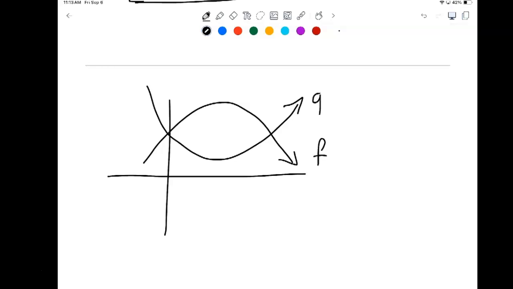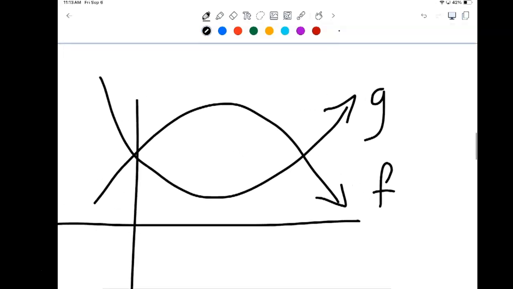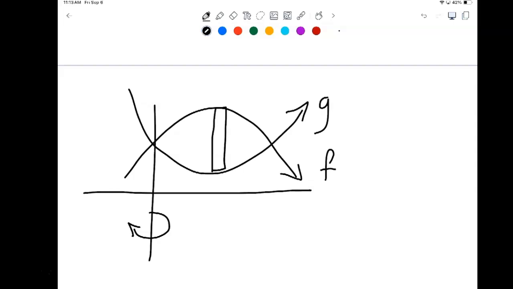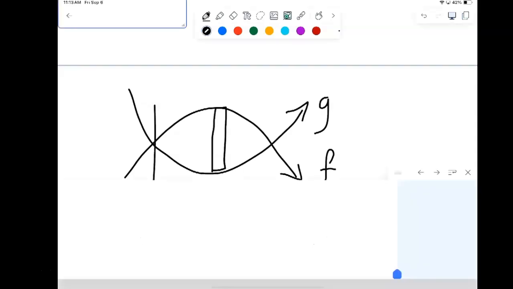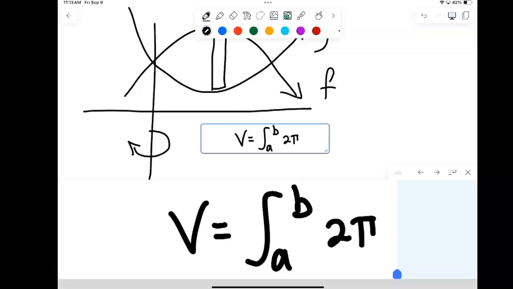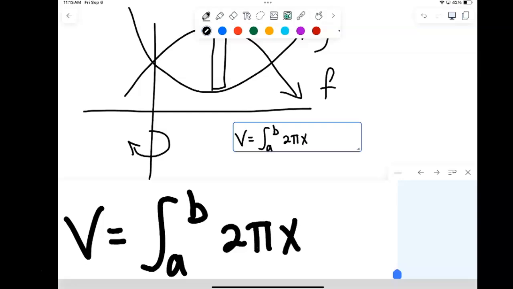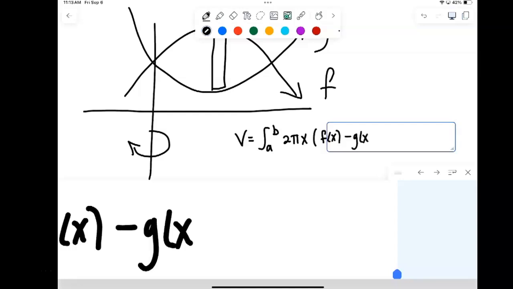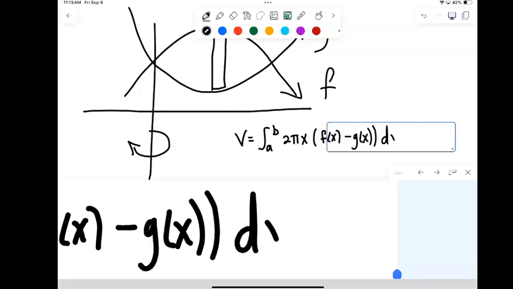So two functions f and g, and we were looking at this region here, and we were once again revolving about the y, so that we're using cylindrical shells, then the height would just be the difference between f and g, and we would get this volume formula, integral from a to b of 2 pi x times f of x minus g of x. Notice the difference here from the disk.